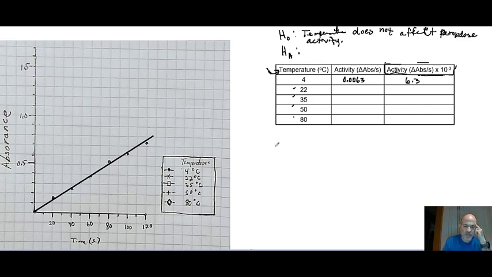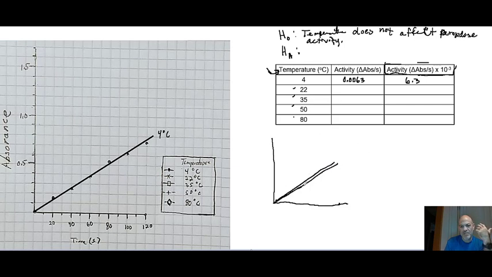So let's take a look at what we would expect if the null hypothesis was true. Okay. We drew one line here already for our 4 degrees Celsius for that data. If temperature does not affect this, then we would expect to get one line per each line that we would get from the different temperatures, because we're going to graph those separate data.